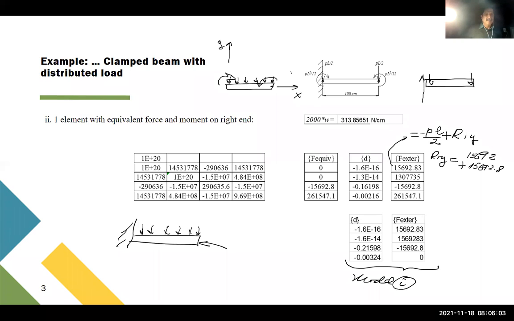Mr. Zambrano, what are the boundary conditions on the right end? Mr. Zambrano, can you hear me? Yes, doctor. What are the boundary conditions on the right end of this beam? Don't tell me. The shear force is 0 and the moment is 0. Yeah, so the bending moment is 0, and the shear force is also 0.